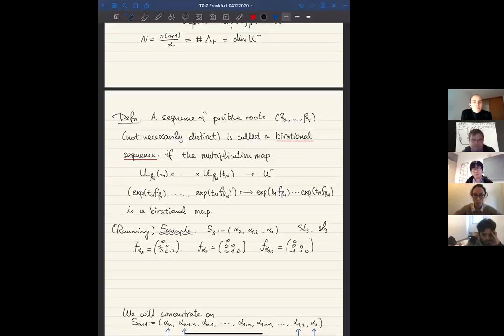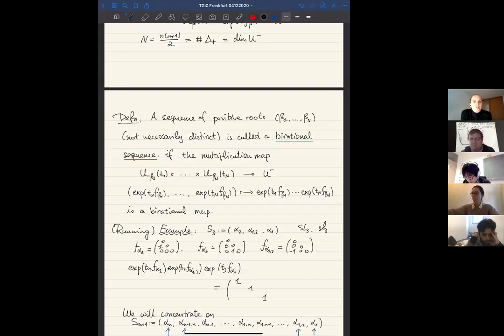This is my choice. And now what is the exponential? I want to explain to you what is exponential t_1 f_alpha_2, exponential t_2 f_alpha_12, exponential t_3 f_alpha_1. You see that the order I choose is exactly the order here. And if one does this matrix multiplication, you will get a matrix, which I will write here as I computed.